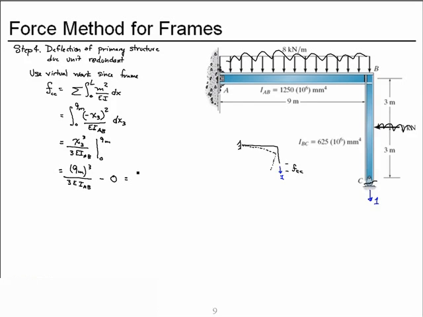And that will equal 243 meters cubed over EI for member AB. And then let's evaluate that incorporating our quantities for modulus of elasticity. So 200 gigapascals is also 200 times 10 to the 6th kilonewton per meter squared. Our moment of inertia is 1,250 millimeters to the 4th.